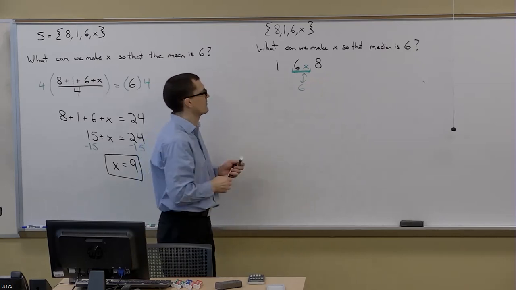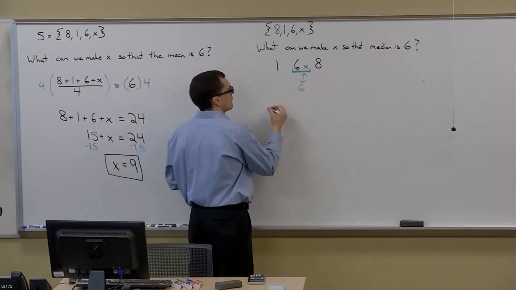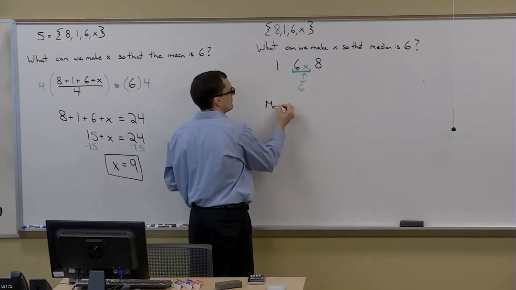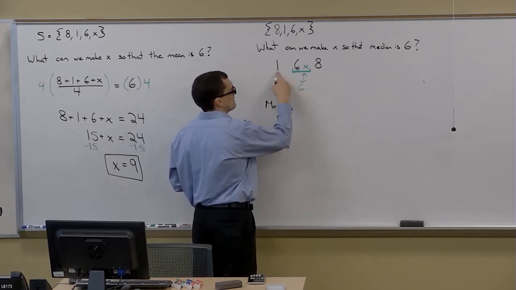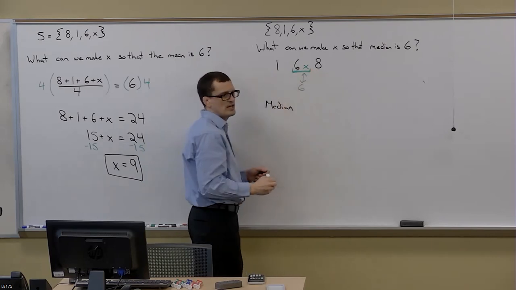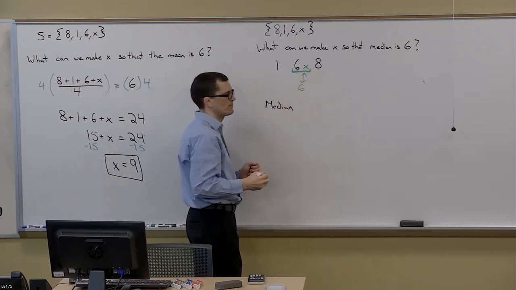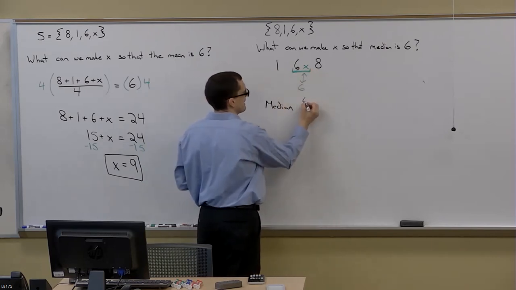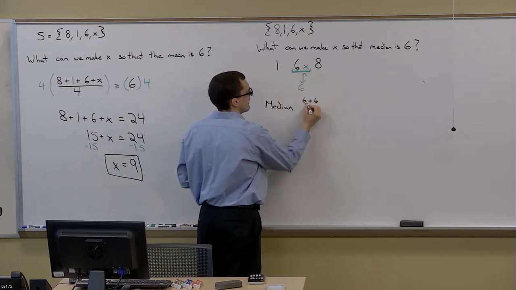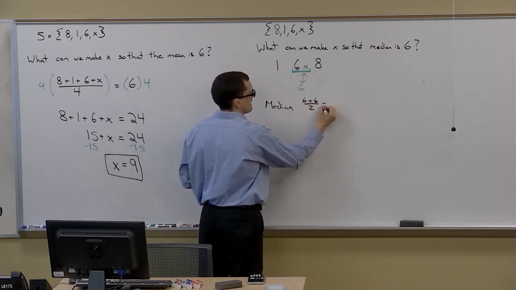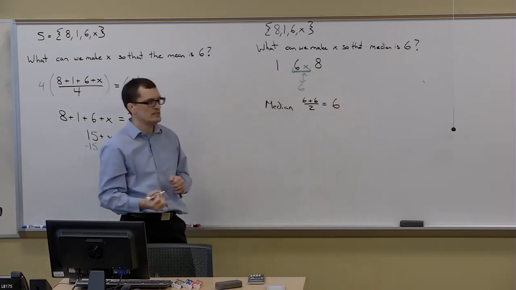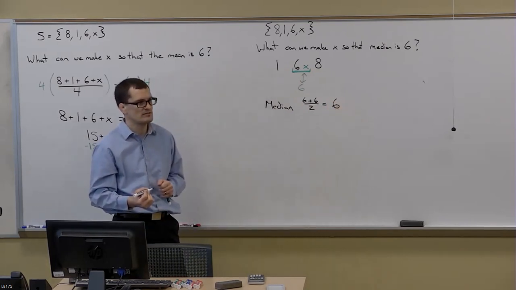That way, when we look at the median, remember if there was an even number of elements in our set, then the median is found by taking the average of the two middle numbers.